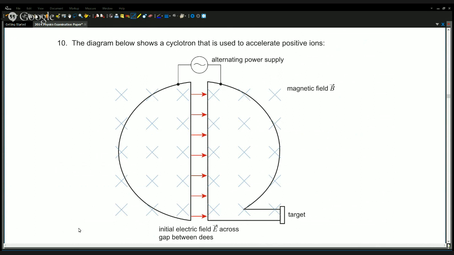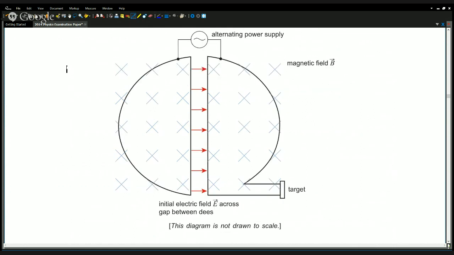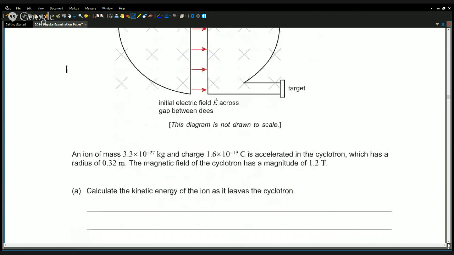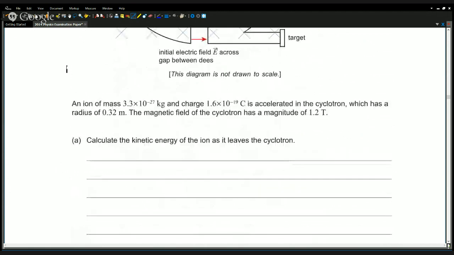So alternating power supply, magnetic field B. An ion of mass 3.3 times 10 to the power of negative 27 has a radius, and here are some numbers. Calculate the kinetic energy of the ion as it leaves the cyclotron.